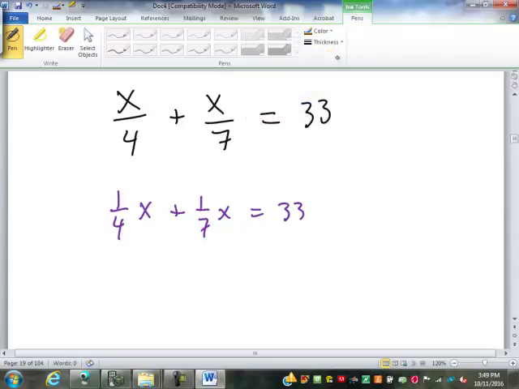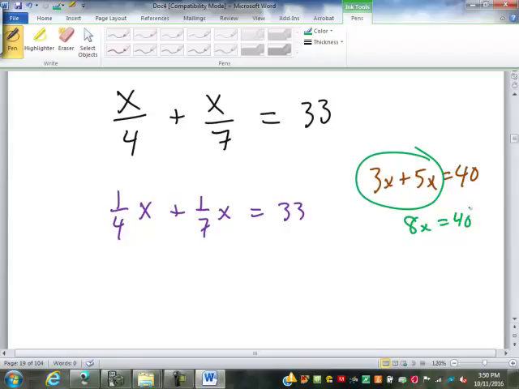it. That doesn't look real easy to work with, but remember, if we had something like 3x plus 5x equals 40, what would we have done there? You would add 3x and 5x to make 8x, wouldn't you? Well, even though it's ugly fractions, we got to do the same thing here. We're going to add 1/4 x and 1/7 x.